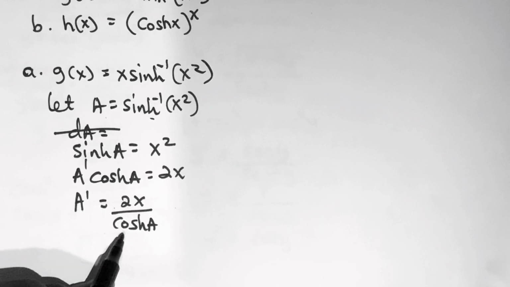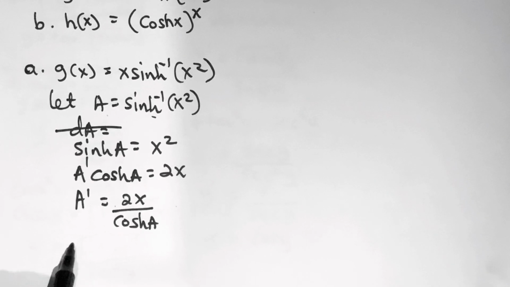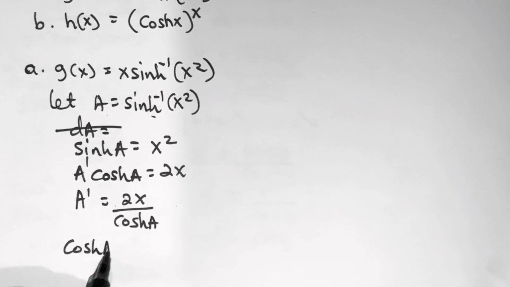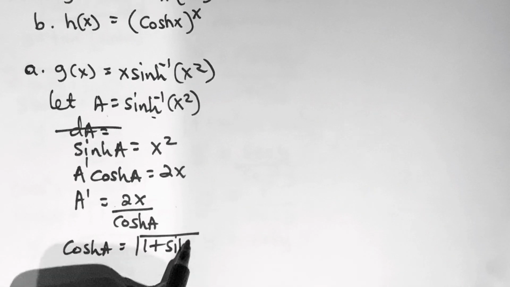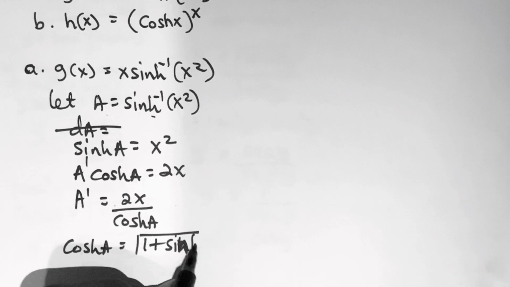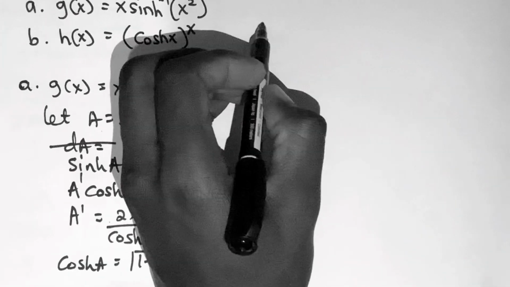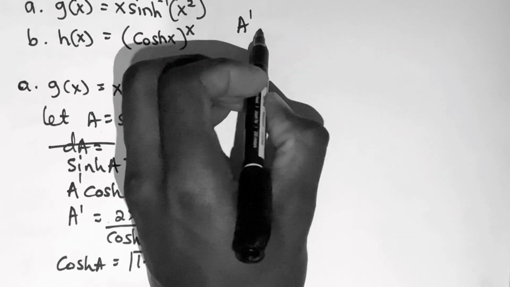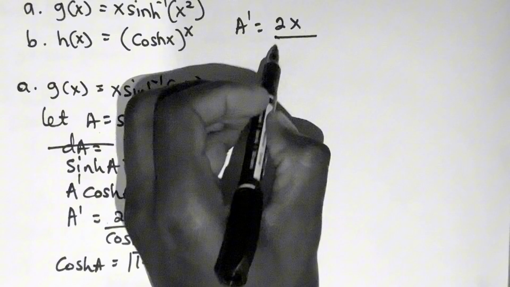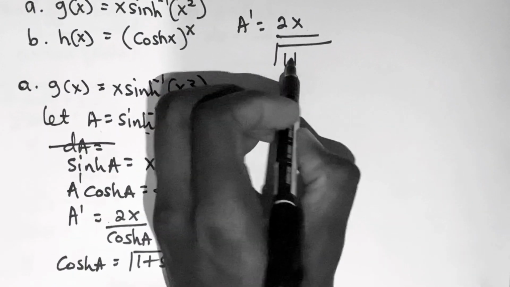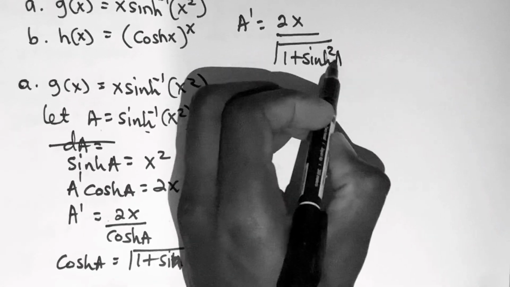But then we know that from identities, cosh a is the same as square root of 1 plus hyperbolic sine squared a. So a prime becomes 2x divided by square root of 1 plus hyperbolic sine squared a.